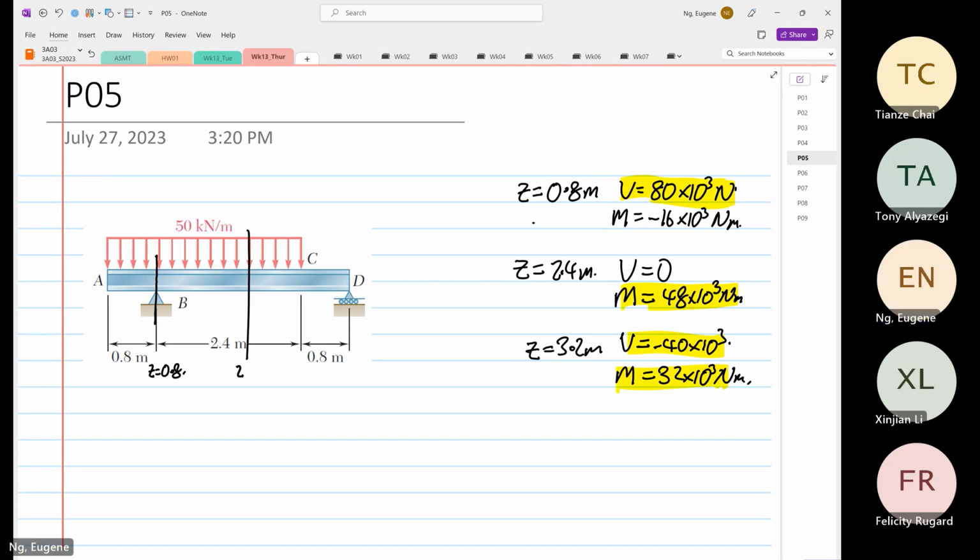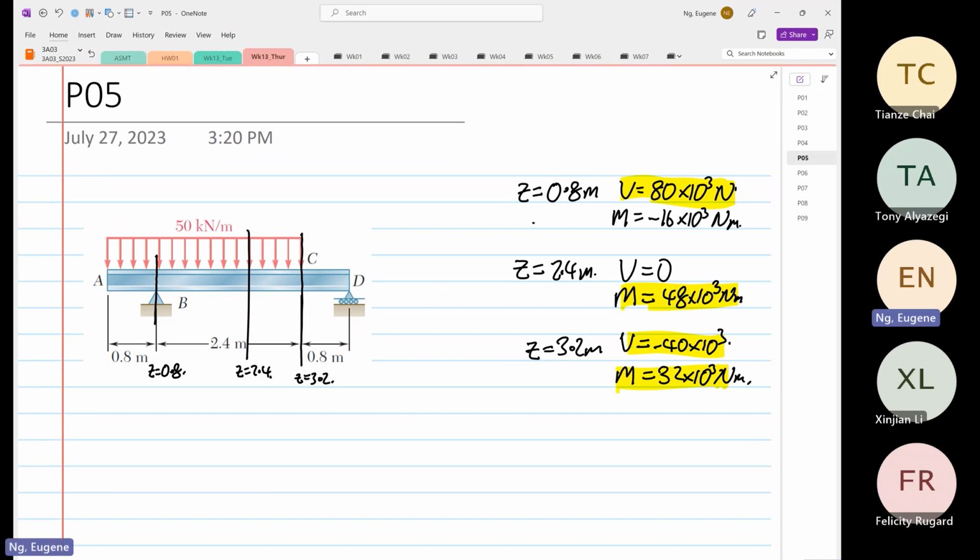And then finally, Z is equal to 3.2. So for now, we know that possible failure can occur at these 3 points.